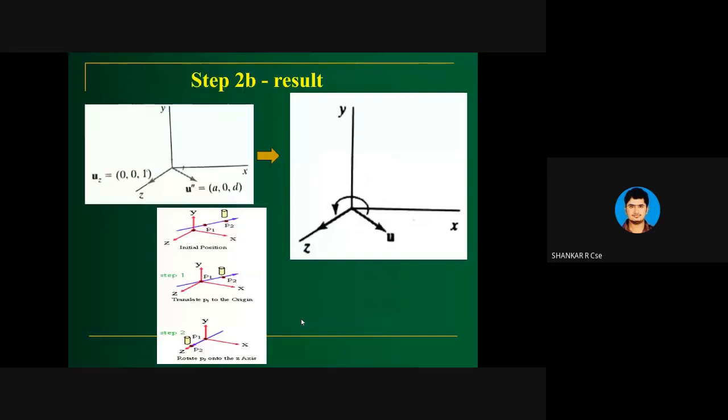Now let us see the result. So 2a's output a comma 0 comma d, we have now rotated anti-clockwise via some beta degrees such that it now comes to the z-axis. So this is initial, this is step 1, this is step 2.